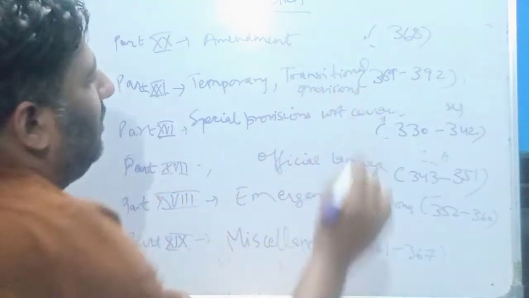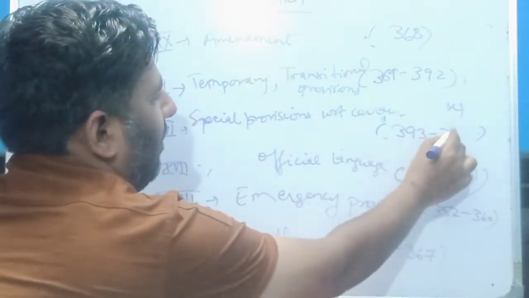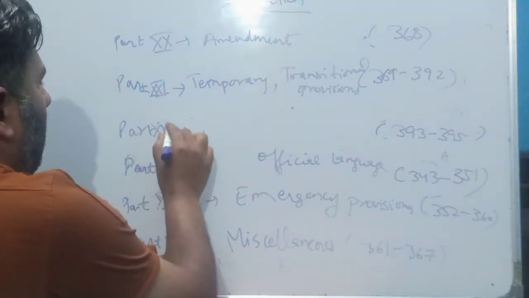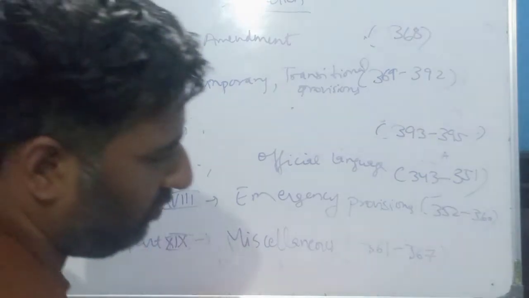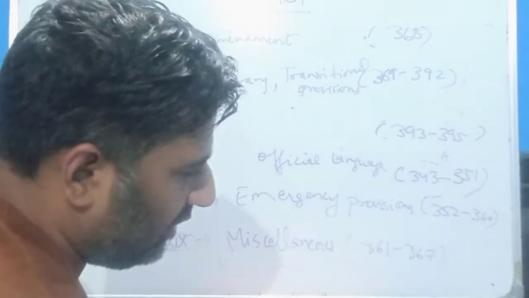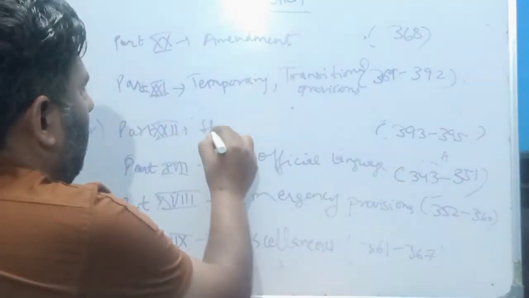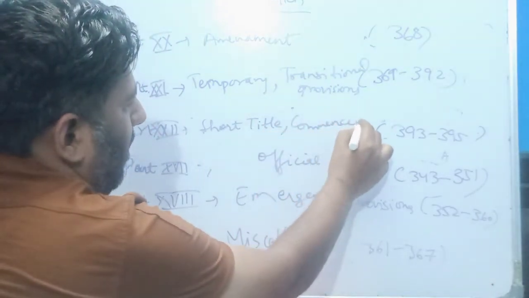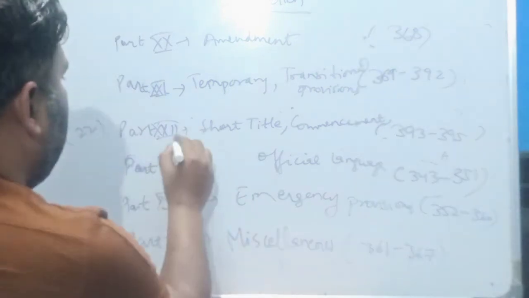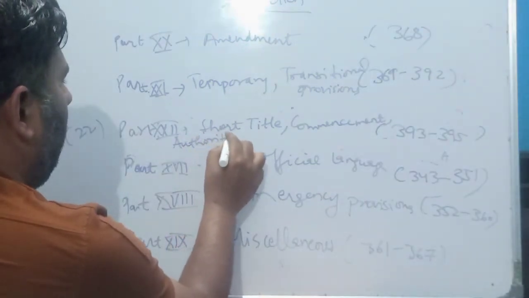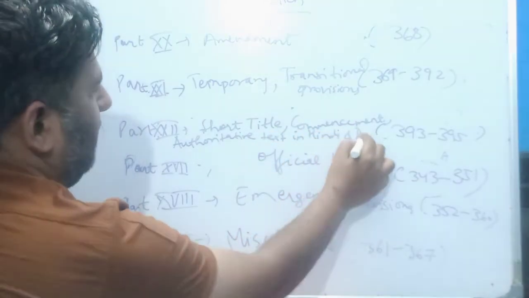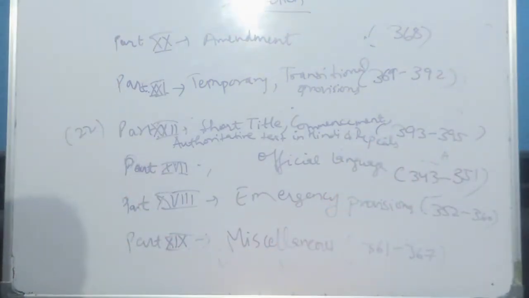Then part 22, which is the short title, commencement, authoritative text in Hindi and repeals, which is 393 to 395.